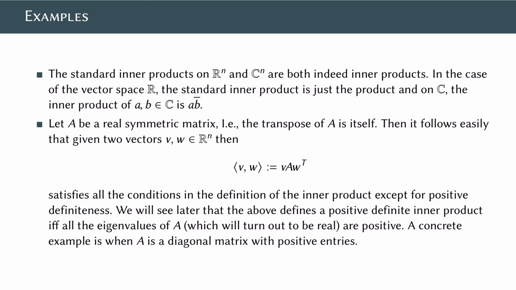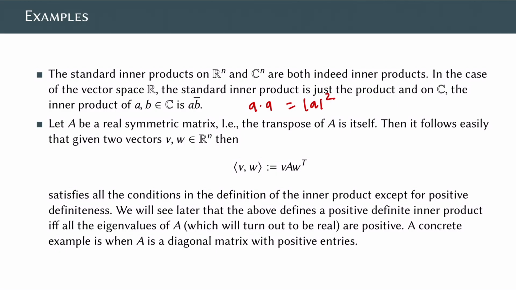If you just take C, then the standard inner product is A comma B getting mapped to A B conjugate. Now this is important because when you take A with A, in the complex case, you get mod A squared, which is a real number.